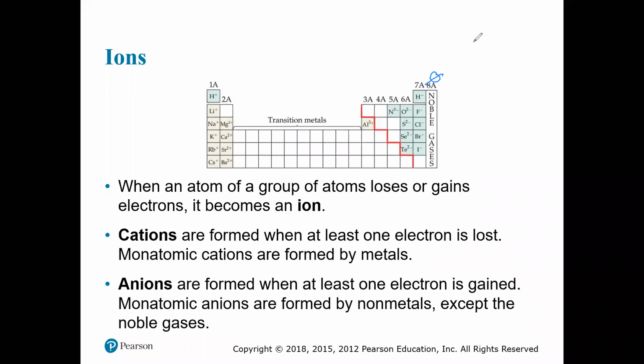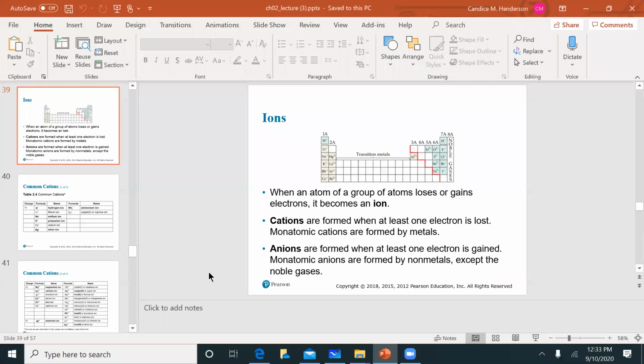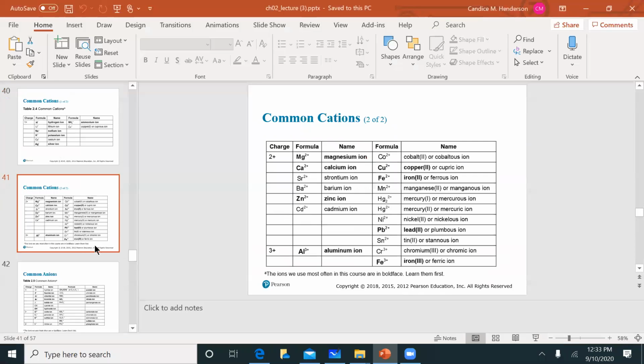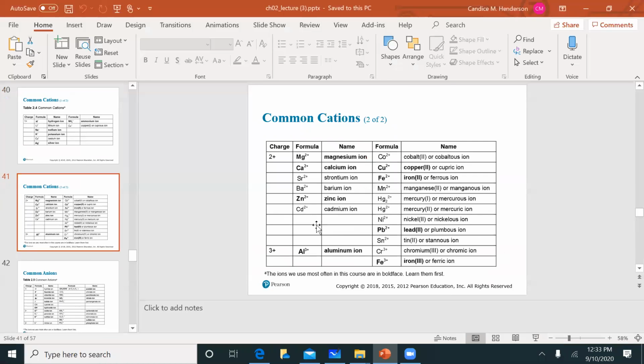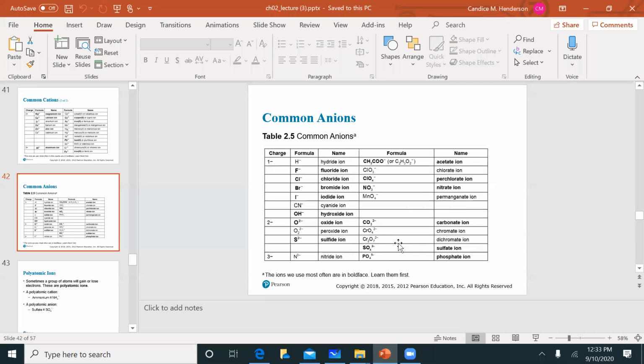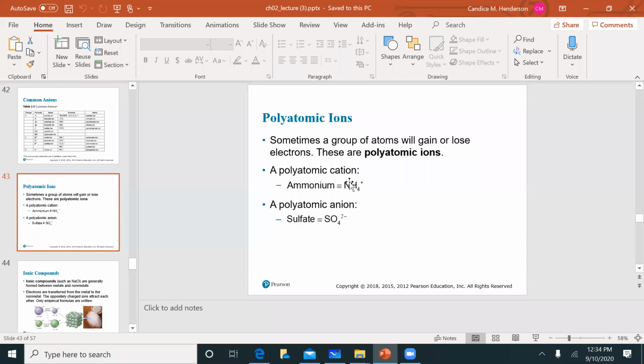So let's do a couple flip-flops. I'm going to tell you some things I want us to combine, and then you will combine them. Oh, we did talk about cations, different polyatomic ions, common anions and polyatomic ions. And remember, a polyatomic ion is just a grouping of atoms that has an overall charge. Important to note that all of the atom packets have this charge.